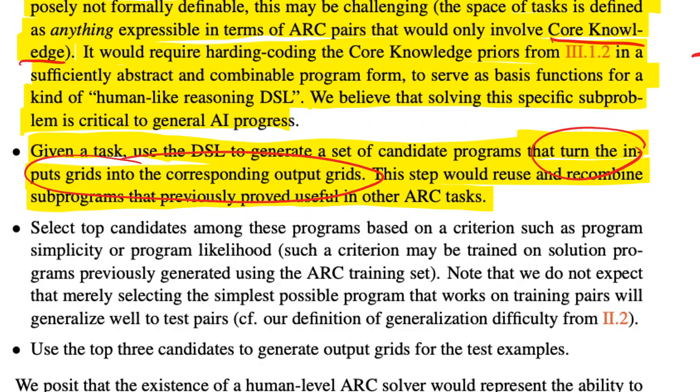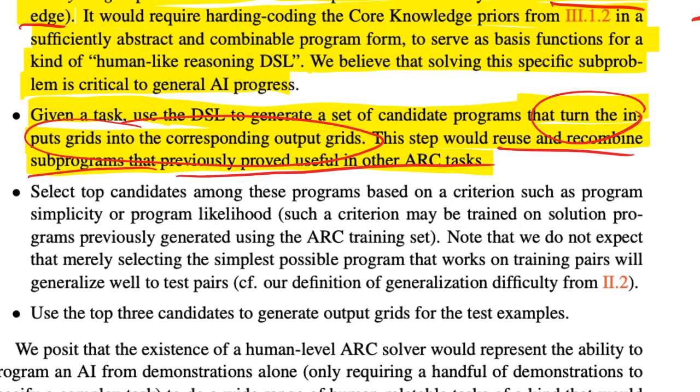So you would put in these demonstration examples and describe this with your formal language, and you can somehow reuse and recombine subprograms that previously proved useful. So basically asking you to come up with source code that would generate these demonstration examples in the language of your DSL.